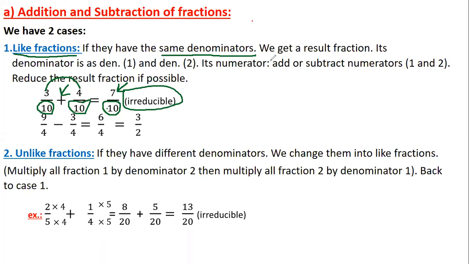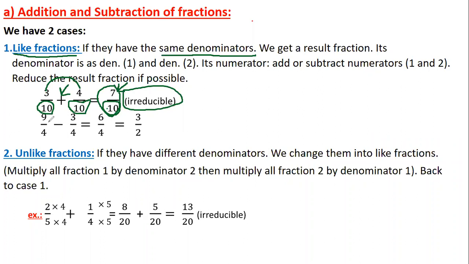Its numerator, we add or subtract numerators 1 and 2. If we have plus, we add the first with the second and put it in the numerator. If we have minus, we subtract the first minus the second and put the answer. Always for the result fraction, our answer, we should see if we can reduce it or it is irreducible.